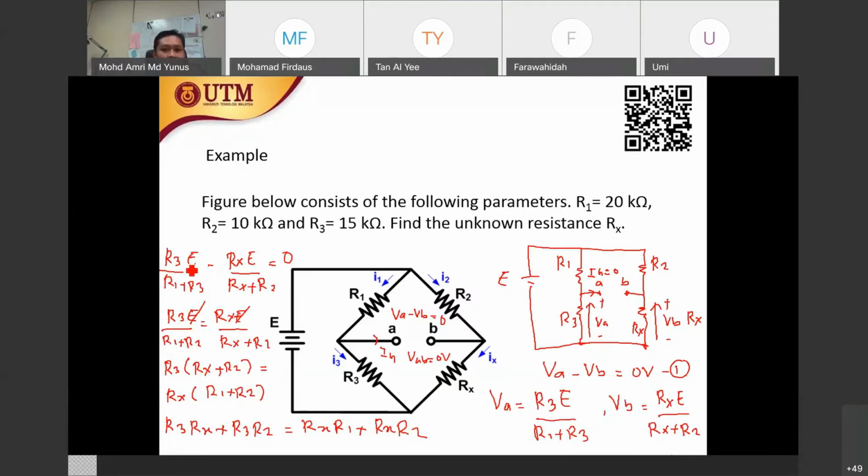Try to find where R3 Rx, R3 R2. Oh yeah, here. Sorry, let me rewrite that again.